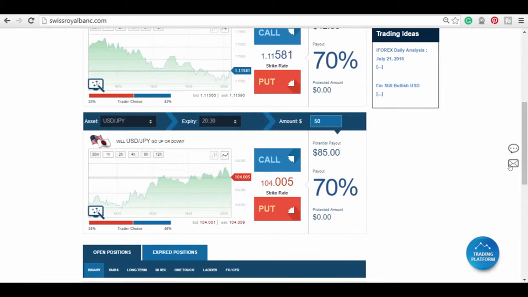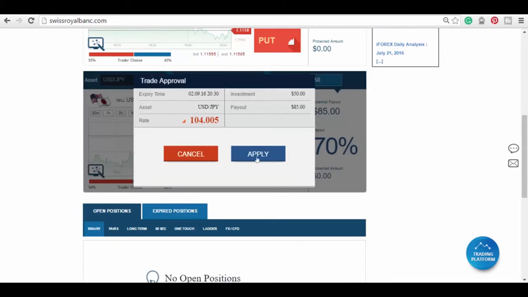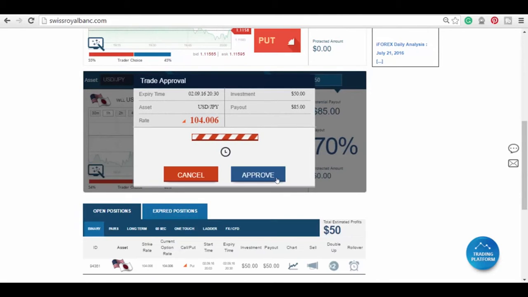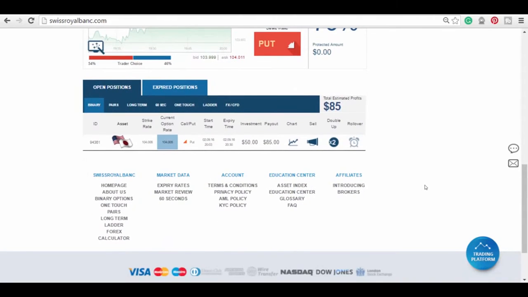Okay, 2030 is our closest expiration. It's looking good. It's a little bit on the high end, so put is a good signal. Okay, so this will be our last trade. USD JPY. Okay, this is our sixth trade.